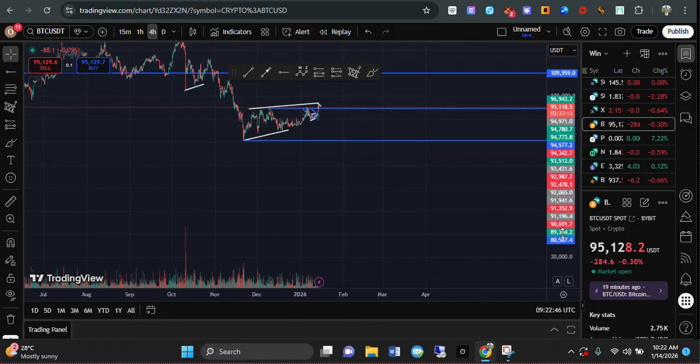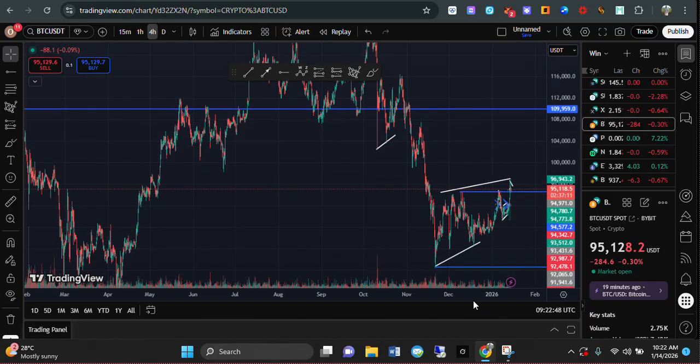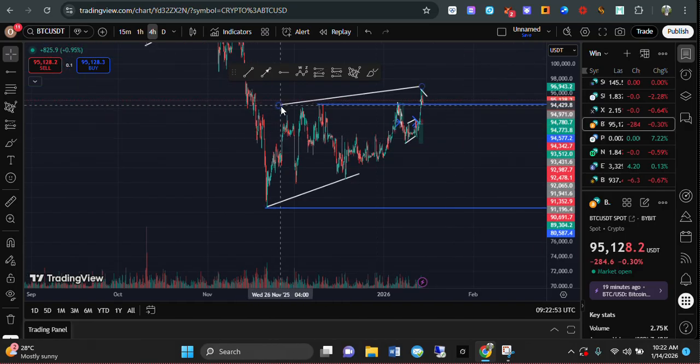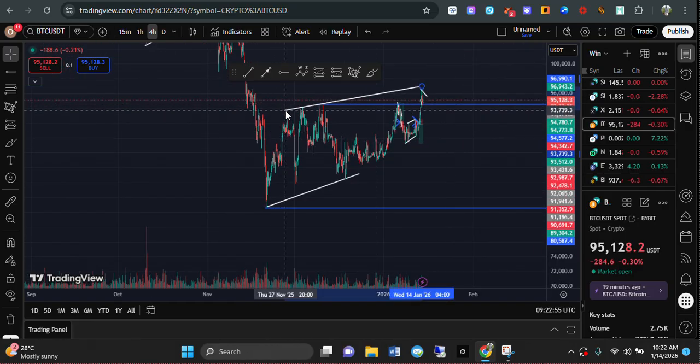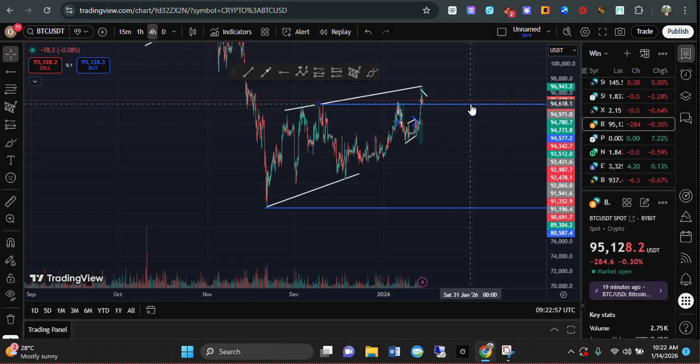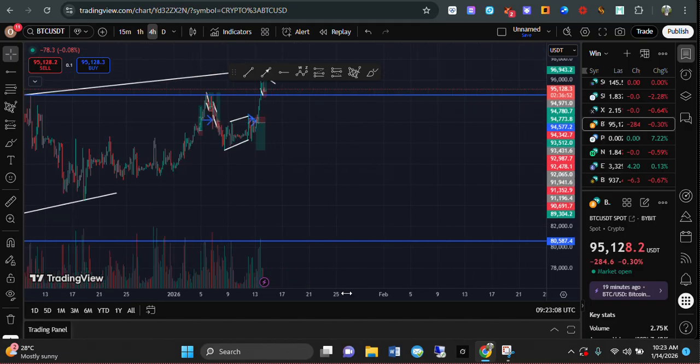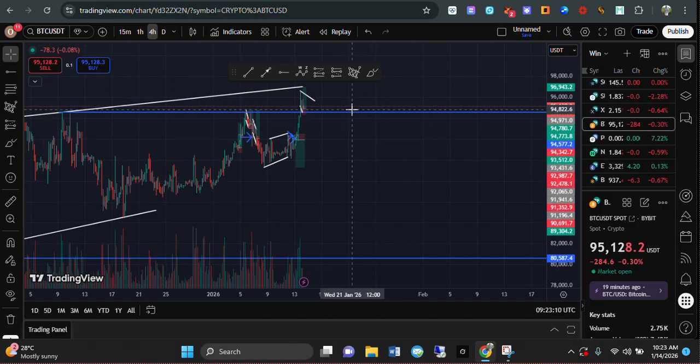So currently, from this point we're having a bigger flag right here. And from this double top, we had this double top before we started the buy movement. And inside this pattern we can see the pattern inside pattern here.